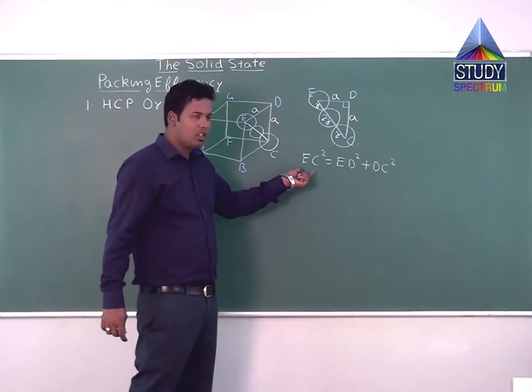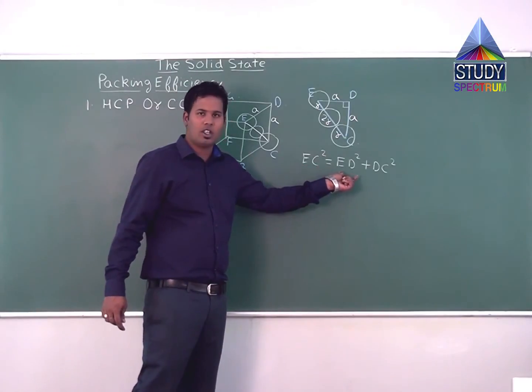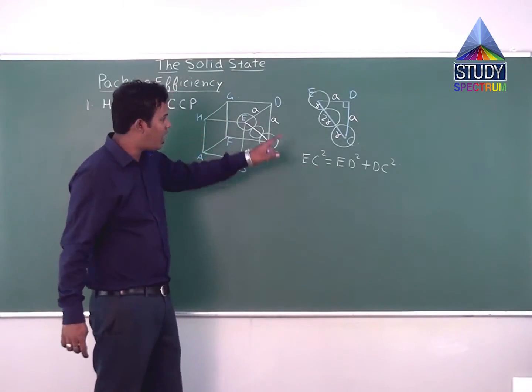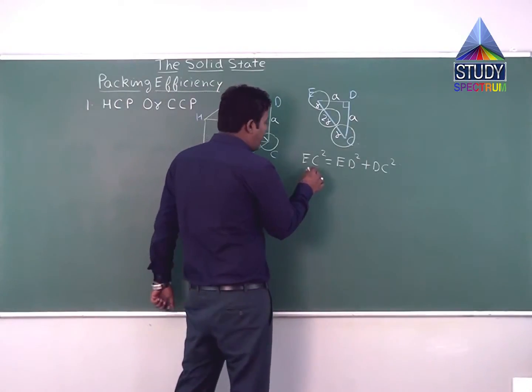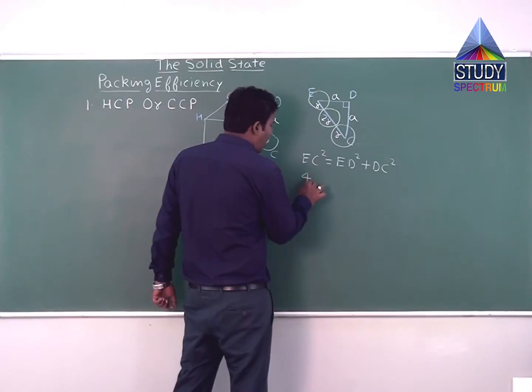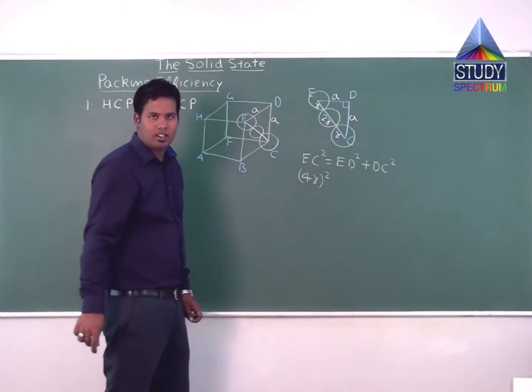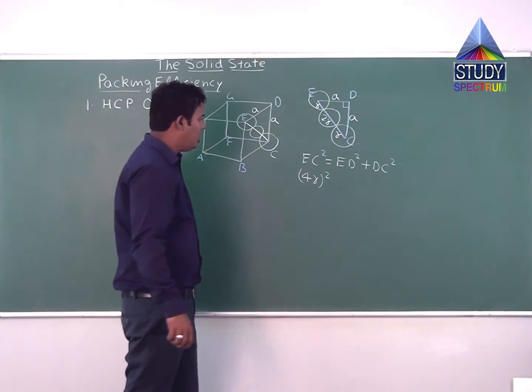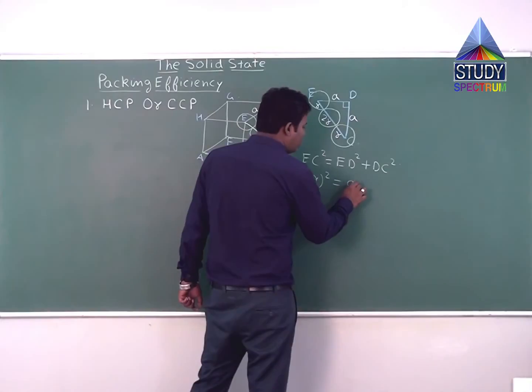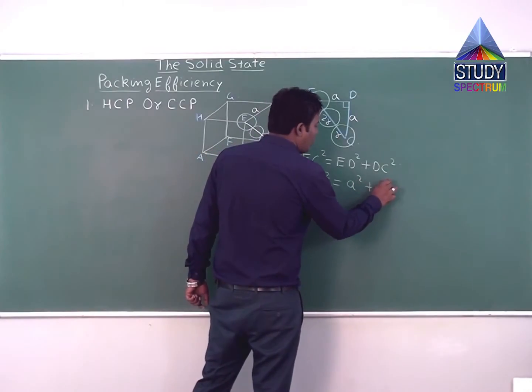The square of the hypotenuse is equal to the sum of the squares of the other two sides of this right angle triangle. Now we can write that 4r whole square, why? Because the length of EC is nothing but r plus 2r plus r, correct, is equal to a square plus a square. Why?